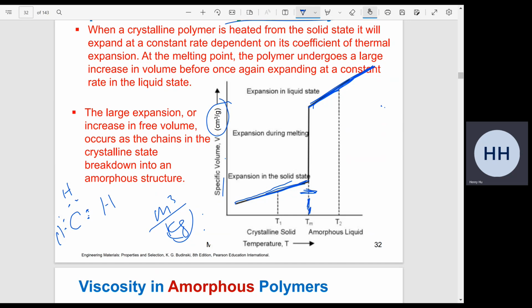Those bonds, as the temperature further increases, even in the liquid state, probably will become loose as the temperature increases. And when the bond becomes loose, it basically will result in a further expansion.